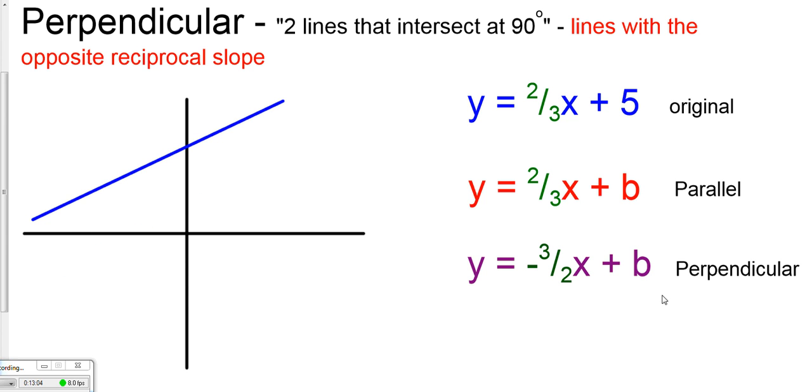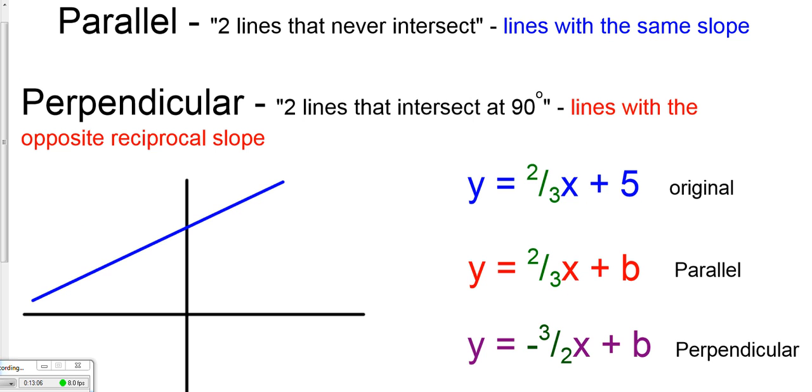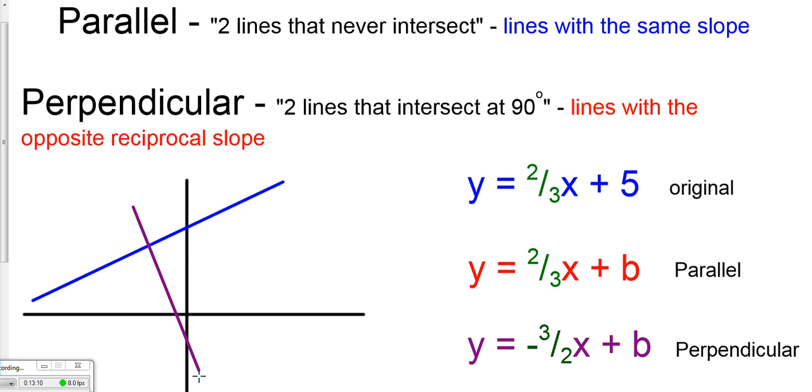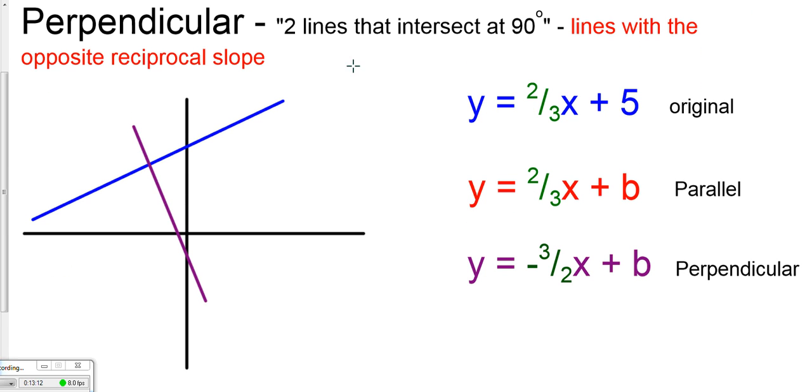A perpendicular line then. Again, I'm going to make a line. It's not exact, but we're going to say that those intersect at 90 degrees. They make a right angle. Notice I can slide this anywhere, and it's always going to be perpendicular to this line. However, wherever I put it, its y-intercept is the biggest thing that changes.